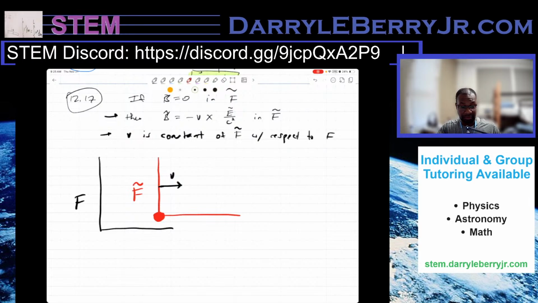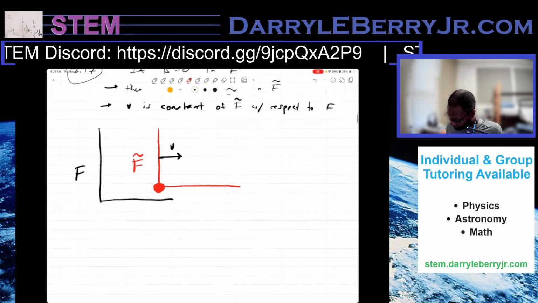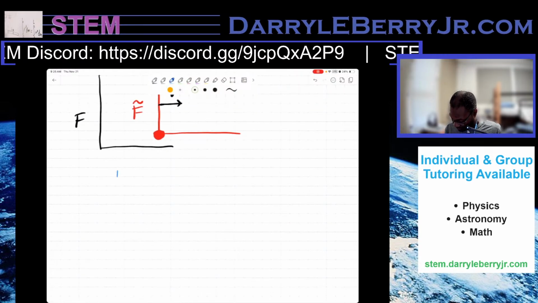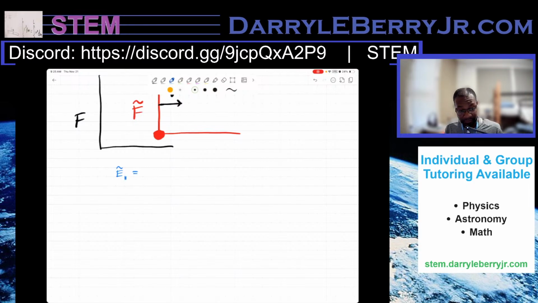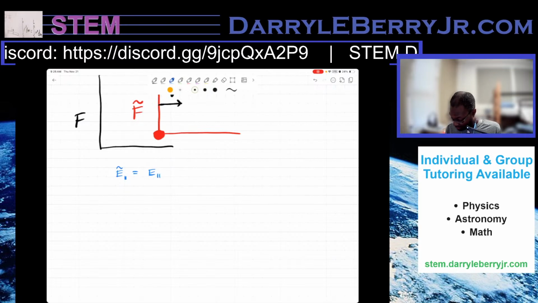Now with this one, we have to use some different equations. So this is going to be the electric field in a boosted frame parallel equals the same thing, the electric field parallel.